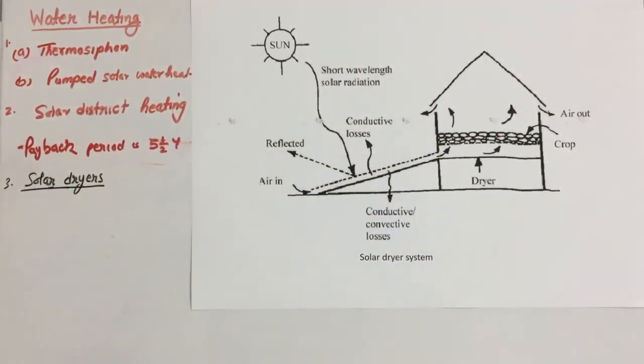And if we are able to get the energy for drying purposes free of cost or at a very low price without affecting the environment, then that is a very good option. So in that direction, the solar dryer system is designed.